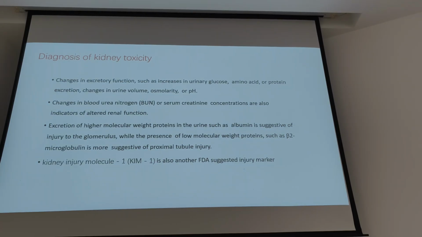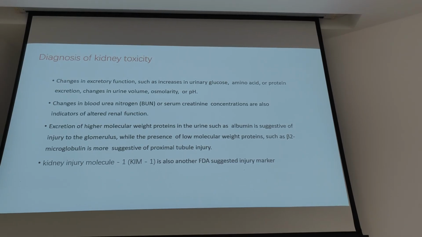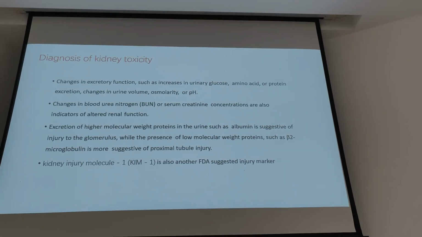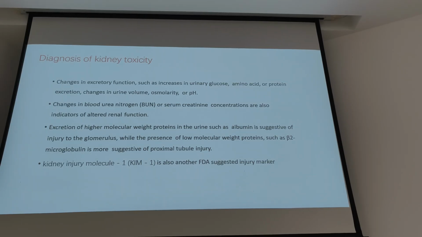What can we know in advance? There must be some biomarkers which can tell us about this, right? So in the early stage, we may use blood urea nitrogen or serum creatinine to monitor our kidney function.